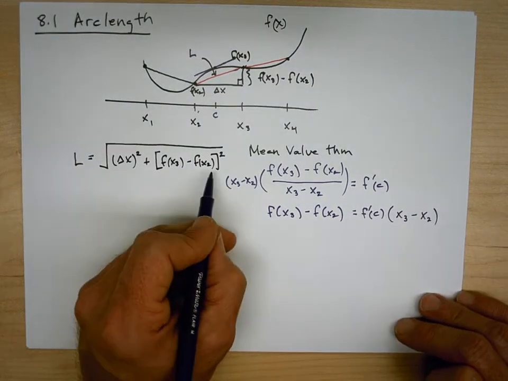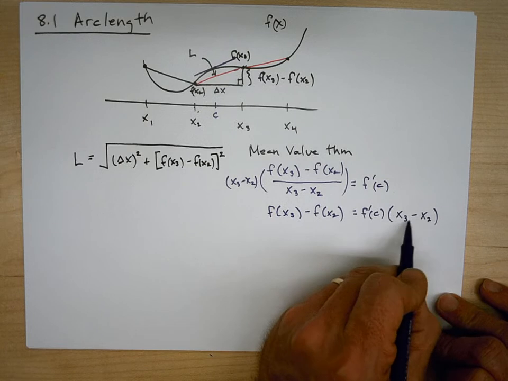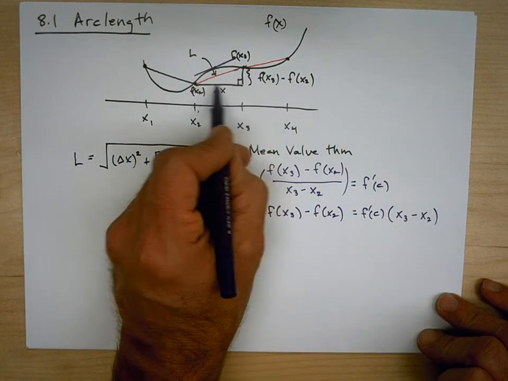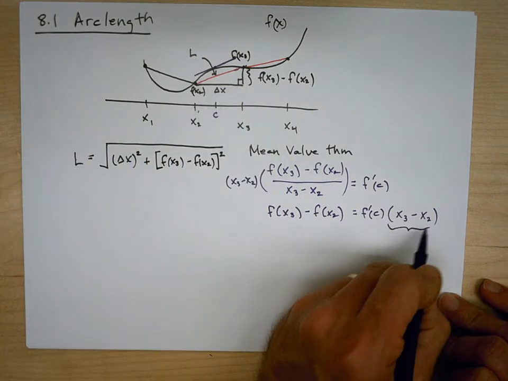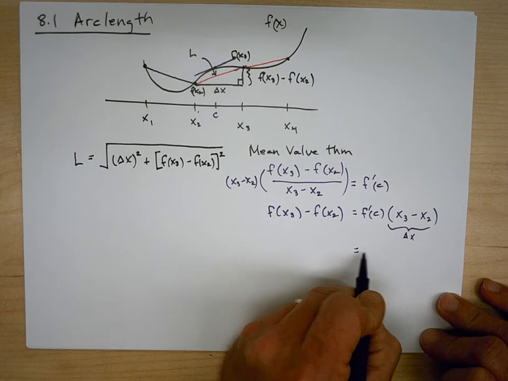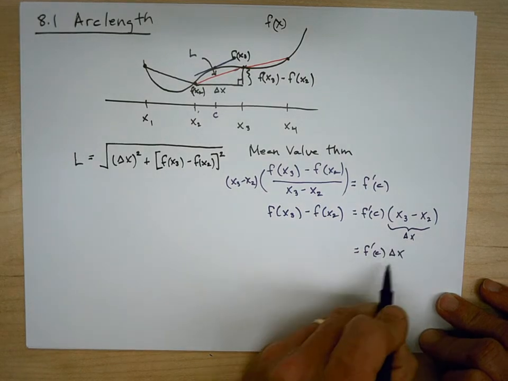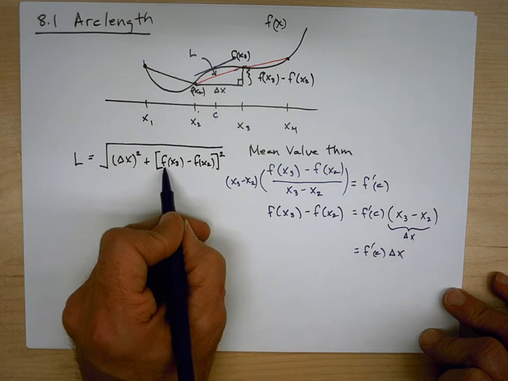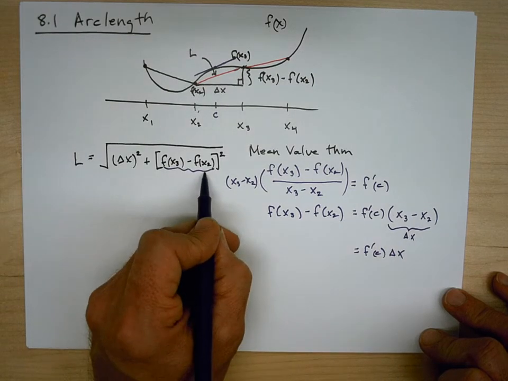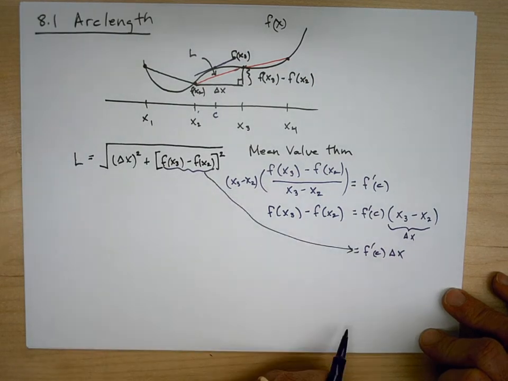Remember, what is this? Well, we said that difference right there is delta x. So it's actually f prime of c delta x. So what we'd like to do is take this right here and replace it with that.